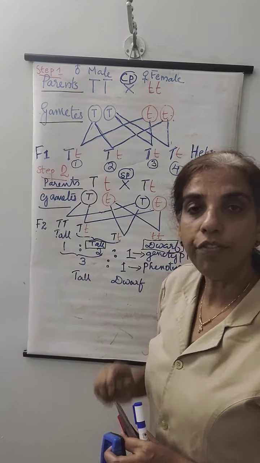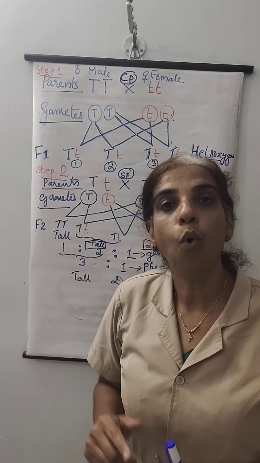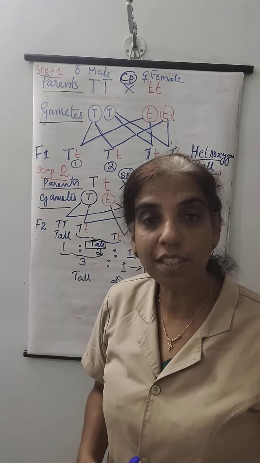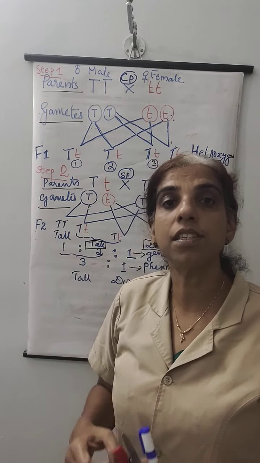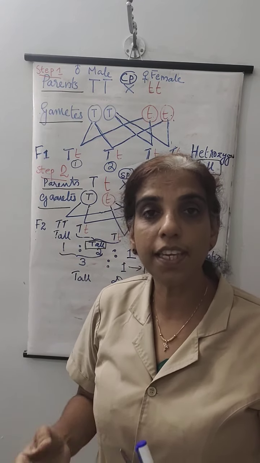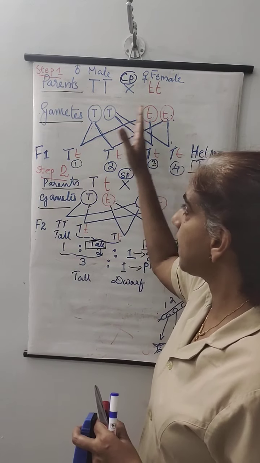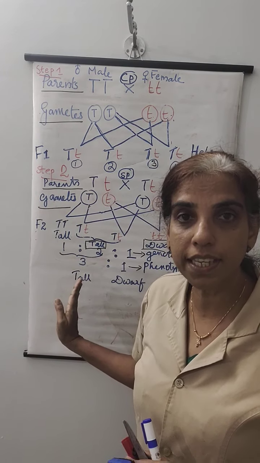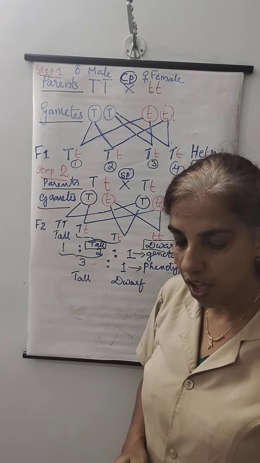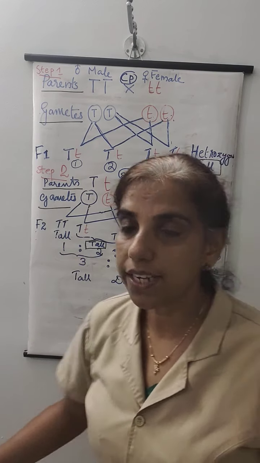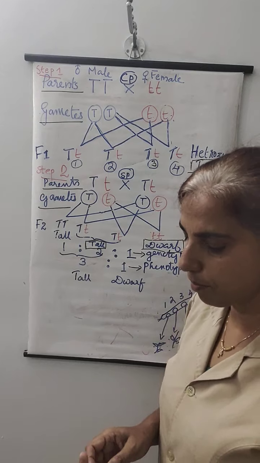We have already learned what genes and alleles are, then recessive, dominant, homozygous and heterozygous. Keeping all these terminologies here, we are going to see how Mendel did this monohybrid cross.